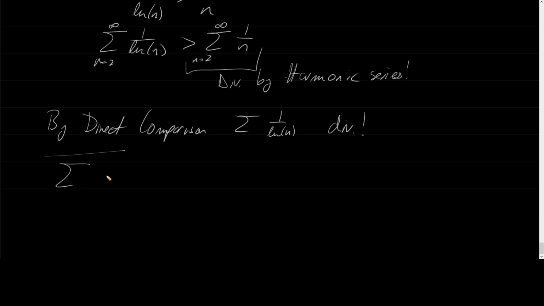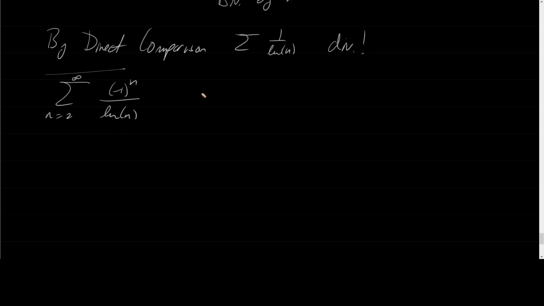So the series of, what was it, negative 1 to the n over ln of n. Well, what is this doing? If I take my sequence a sub n, that's 1 over ln of n. If I take the limit, as n goes to infinity, ln of n goes to infinity, and 1 over infinity goes to 0. Good.